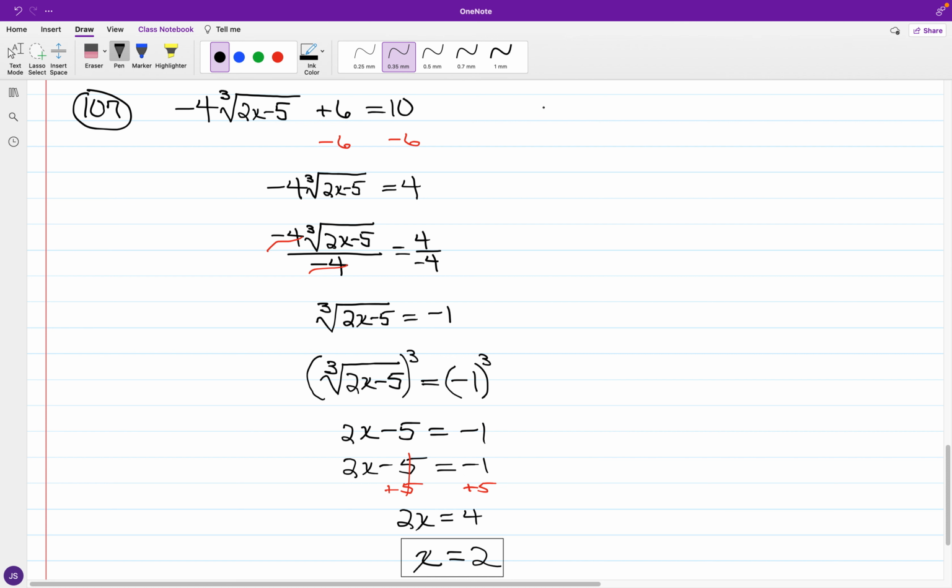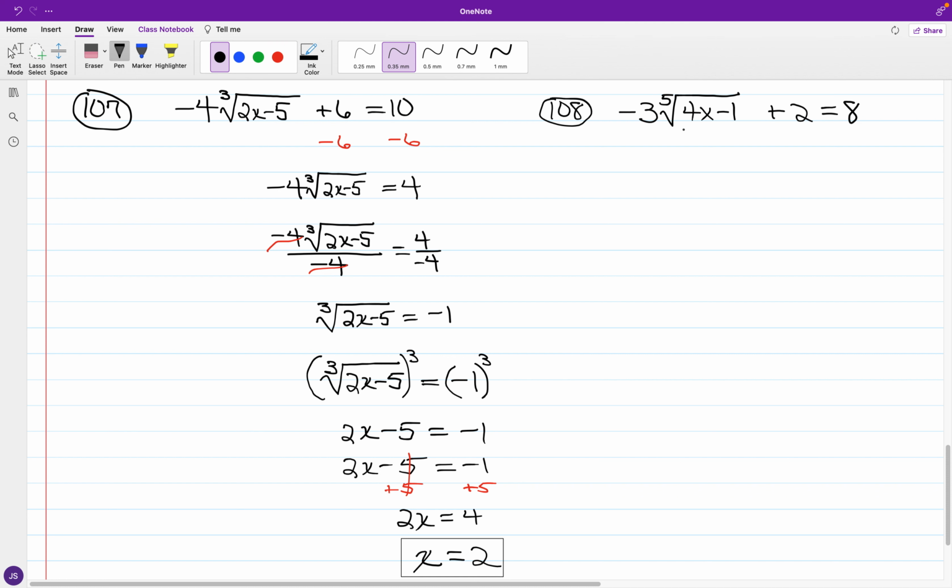And now with odd roots, we have in the next item, and so we're going back to where we have another odd root expression, but this time not a cubic root but a fifth root. And for what we have in number 108, we have -3 times the fifth root of 4x minus 1, followed by the addition of 2, is equal to 8.